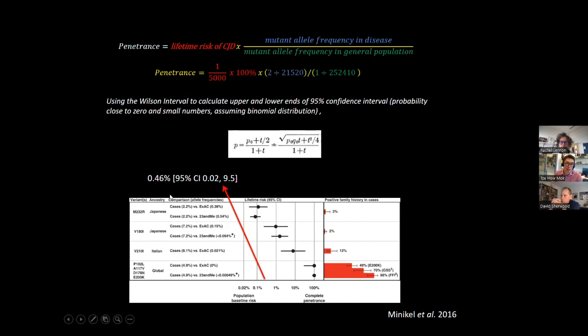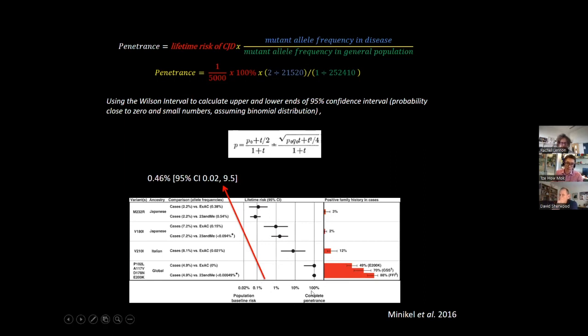So the worst case scenario from our calculations is that the upper bound of the 95% confidence interval is 9.5%. And this lands it squarely there with a central estimate of less than 1%.